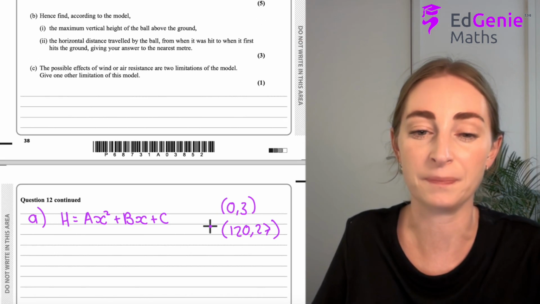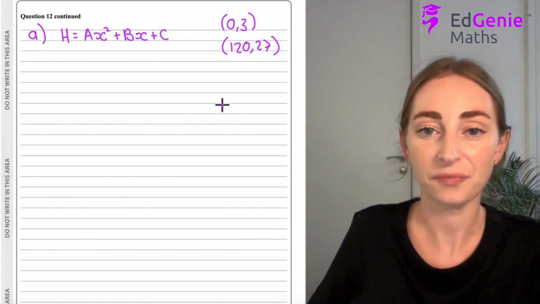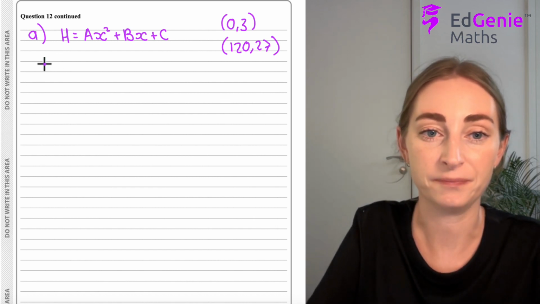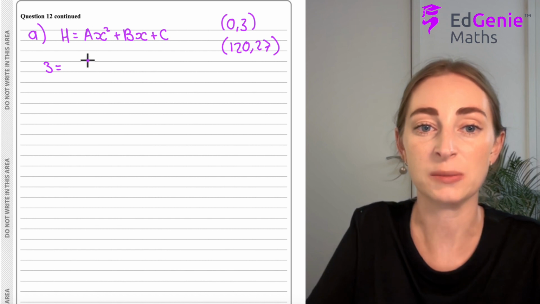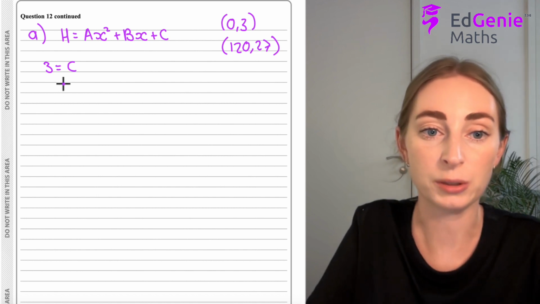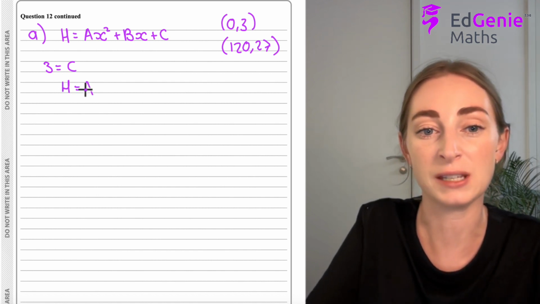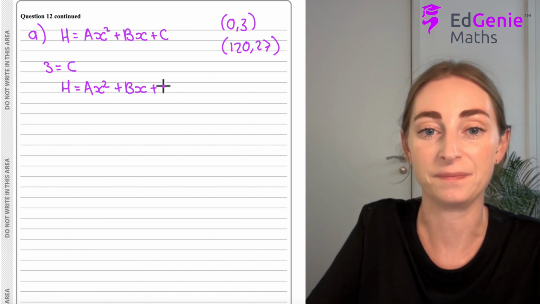Let's do this for now. So when x is 0, h is going to be 3. Oh, that's quite nice, because it's going to be 0 plus c. So c must be 3. So we already know that h equals ax squared plus bx plus 3.